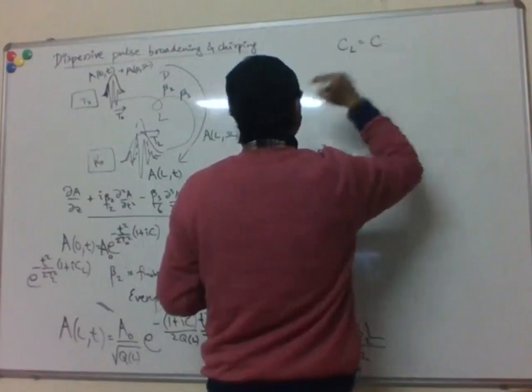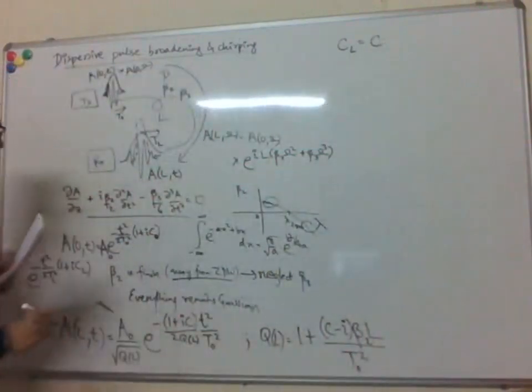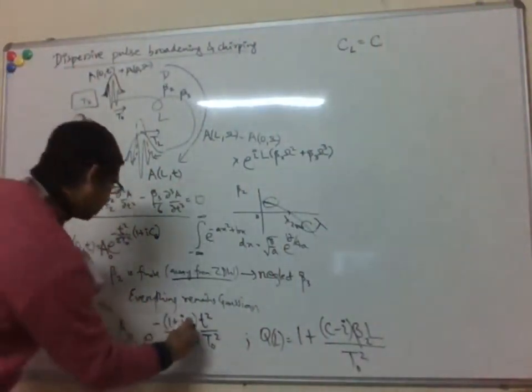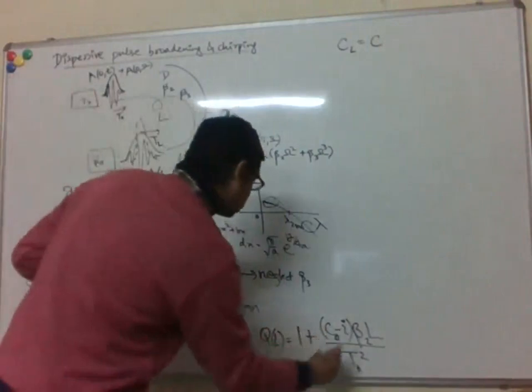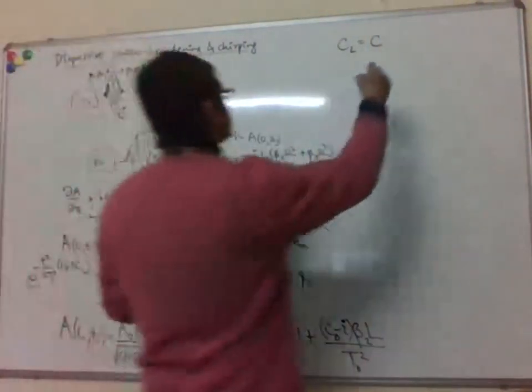is basically the chirp at the input. So maybe I should call this C naught here. B naught, this is the input chirp. C naught. Right, so CL will be C naught.